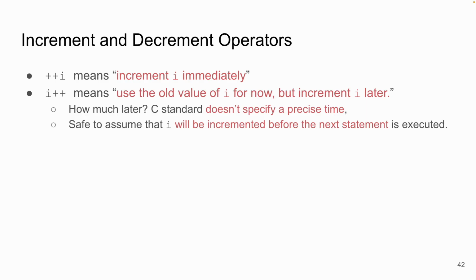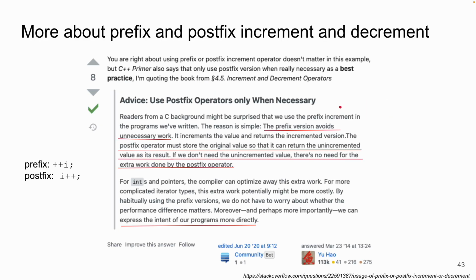However, if you use the postfix operator, then for the statement in the same line, this line will use the old value of I for now, but it will increment the value of I before the next statement is executed. So that is the major difference between them.